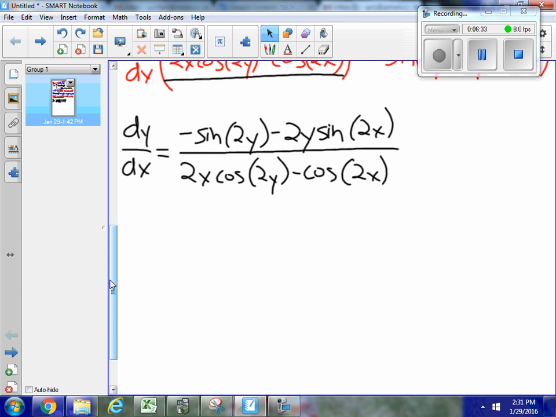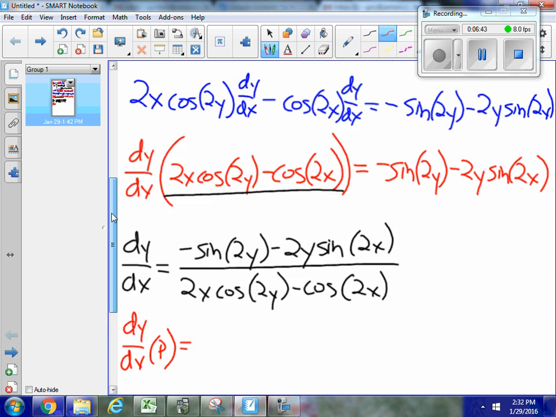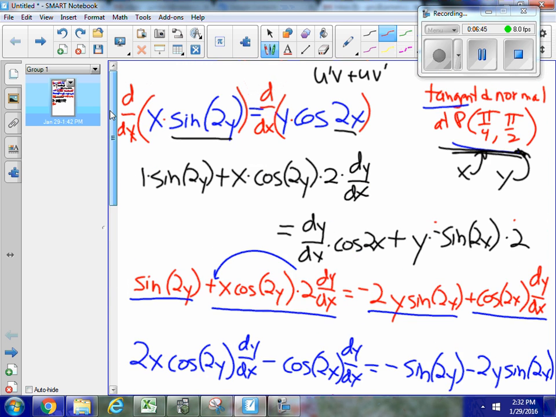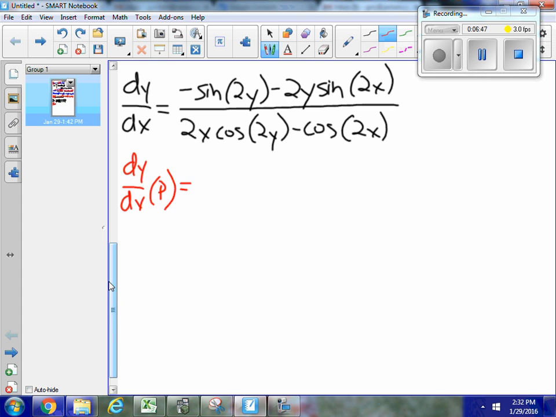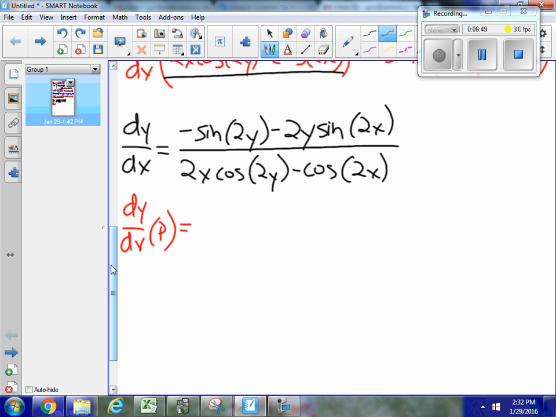I'm going to say the derivative at my point P is equal to, let me look again, pi over 4, pi over 2. So I have pi over 4, comma, pi over 2.